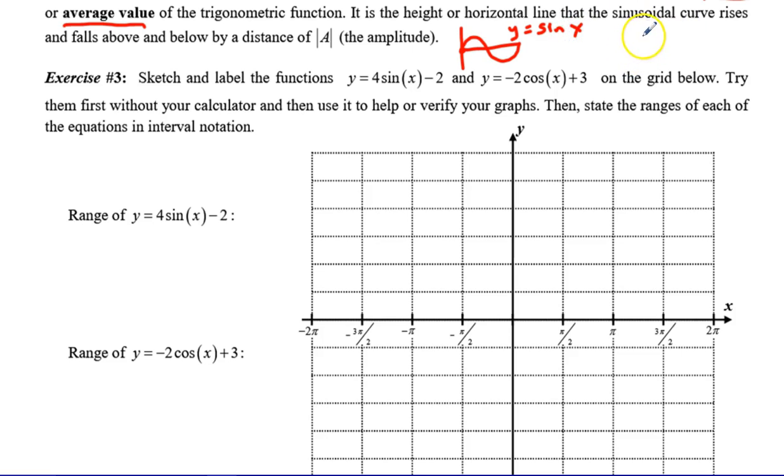And our cosine graph starts at the amplitude, makes that shape. Okay. So for this particular function, we're going to start at y equals -2, and you're going to rise and fall 4 units above the midline of -2. So why don't you give that one a shot? Get as far as you can. Play the recording when you're ready.